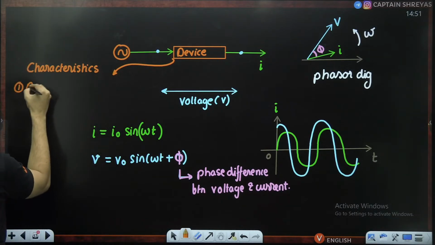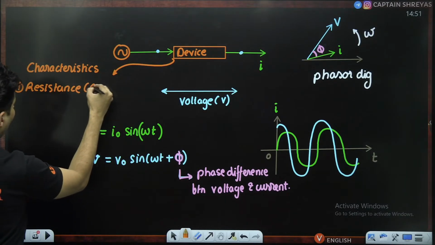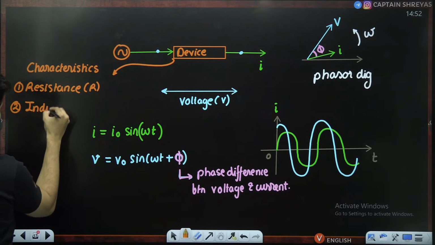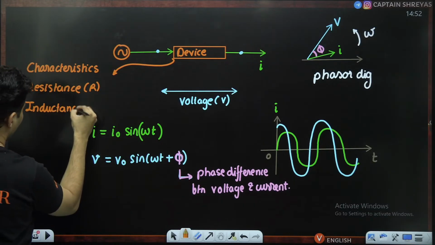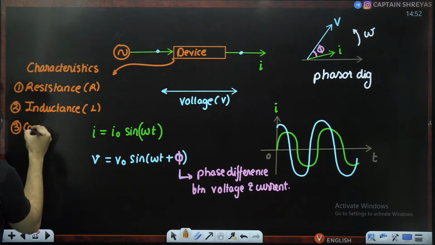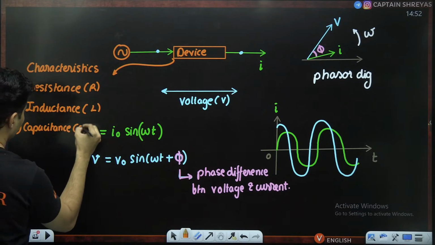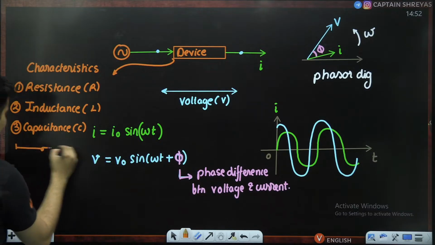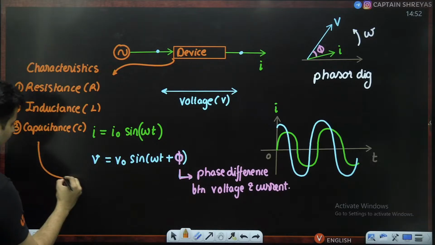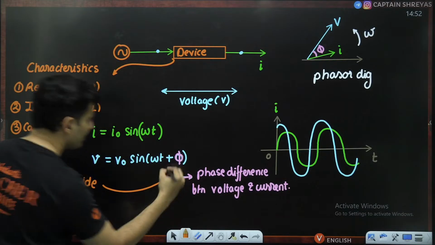Number one, it might have some resistance R. Number two, it might have some inductance L. It might have some capacitance C. These characteristics decide the phase difference.